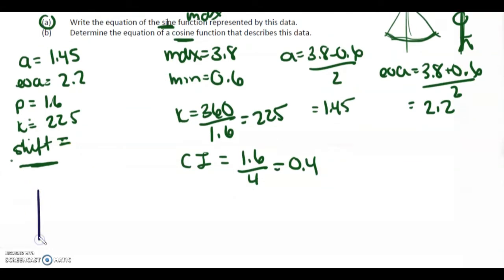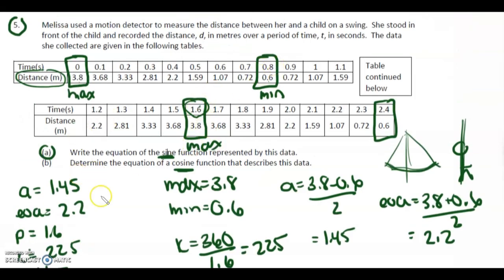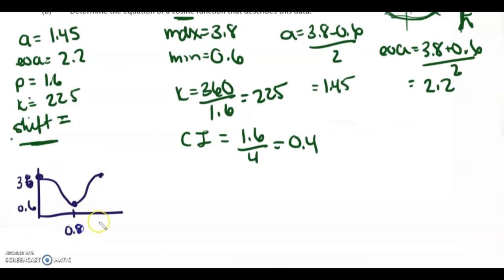If we were to quickly graph this, we start at a max of 3.8, and the min is 0.6, and we get there at 0.8 and then 1.6. The numbers in between are 0.4 away: 0.4 and then 1.2. We're just adding 0.4 each time.